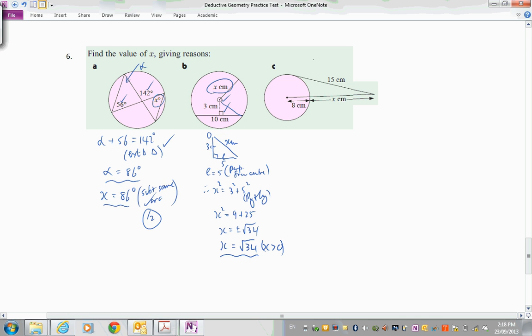Let's have a look at the last one, or a tangent. That's interesting because we know line from the centre to the point of contact is 90. So here refer to that as alpha. Alpha is 90 degrees. Radius tangent theorem. Radius drawn at the point of contact makes an angle of 90.